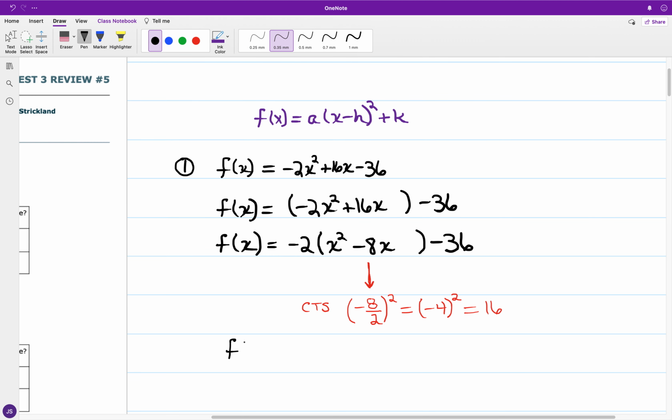Now for the setup, we have f of x equal to negative 2 times the quantity x squared minus 8x, and with the completion of the square, I'm going to add 16.